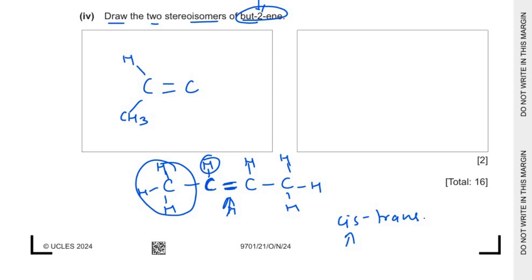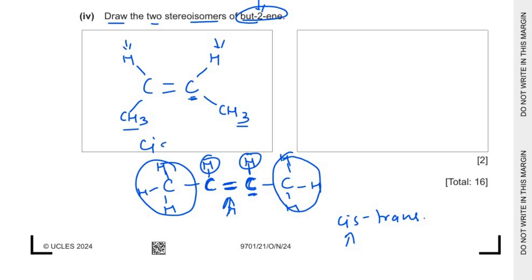Now this second carbon atom also has one H and one CH3 bonded to it. So that is again one H and one CH3. Now if these CH3 groups are on the same side and the hydrogens are also on the same side, that is the cis isomer. So this is cis butene.